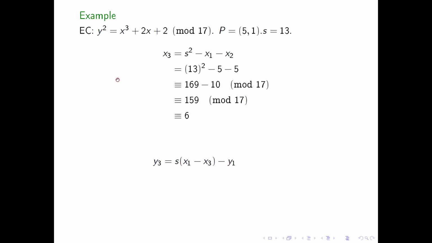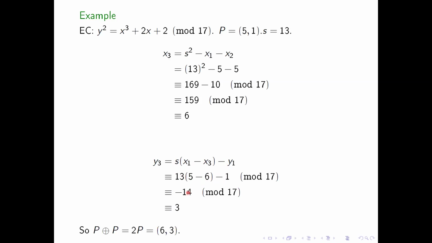And now your y value, as a reminder, was s times (x1 minus x3) minus y1. Multiply these things out, we get 13 times (5 minus 6) minus 1, which is equal to negative 14, which is equal to 3. And that is indeed our point (6, 3).